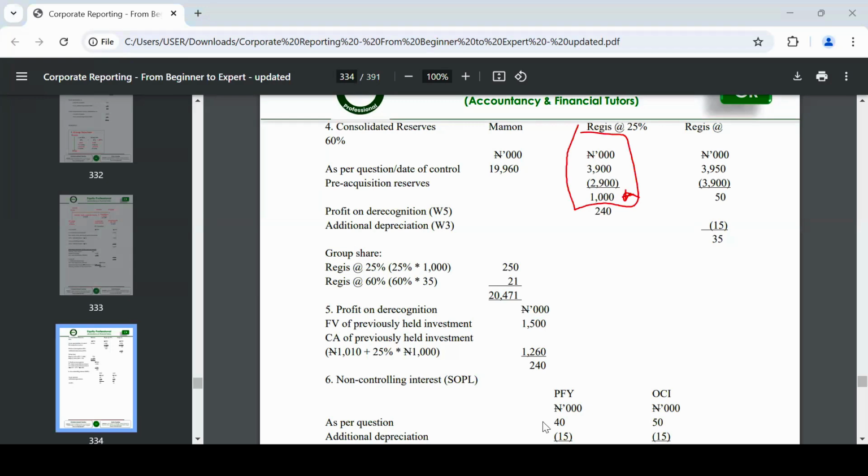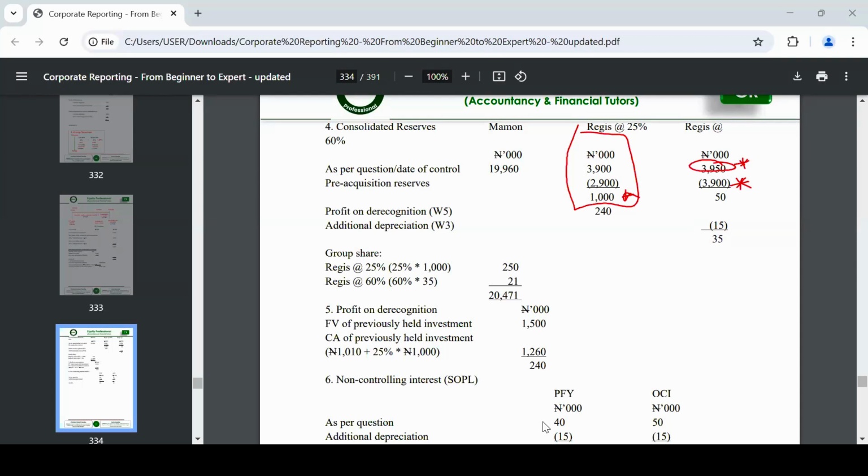Okay. Now, when we got controlling interest, it is 39. But currently, when you go and look at your financial position as of the date of consolidation, 31st December 2016, I'm sure if you look at your question, you see 3.95 million as the retained earnings or reserves.